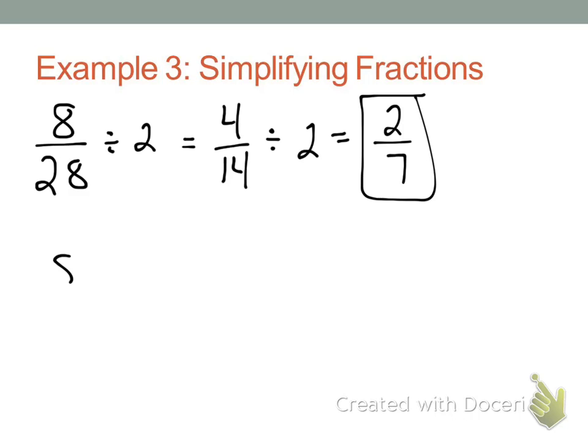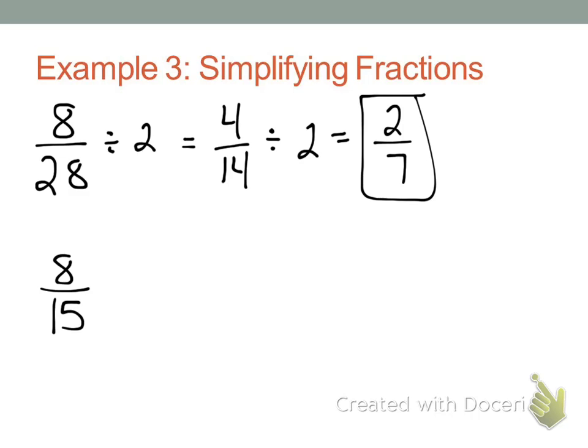All right, and then what about 8 and 15? Can I reduce 8 over 15? Is there any number that evenly goes into both of them? No, there's not. So if they don't share any common factors at all, do you know what I call those numbers? This is from Friday. Do you remember what I call those numbers if their only common factor is 1, Alex?